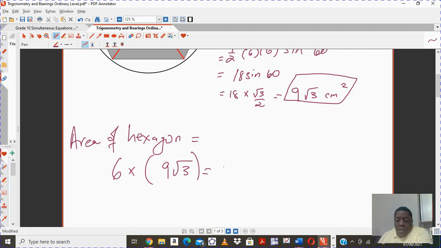So 6 times 9 root 3 is 54 root 3. So that will be the area of the hexagon.